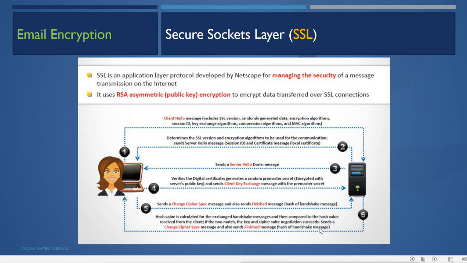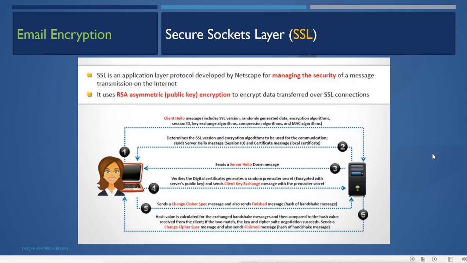Then we have Transport Layer Security. TLS is also a protocol to establish a secure connection between a client and server, and ensure privacy and integrity of information during the transmission.